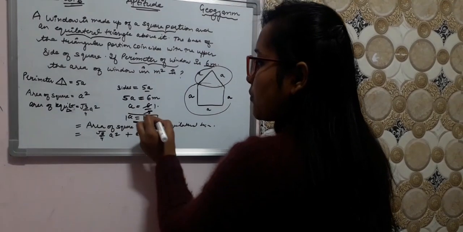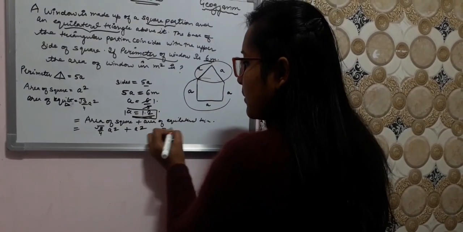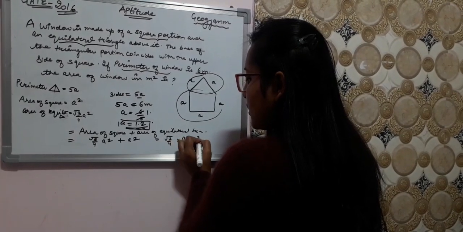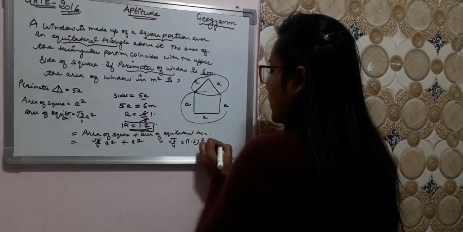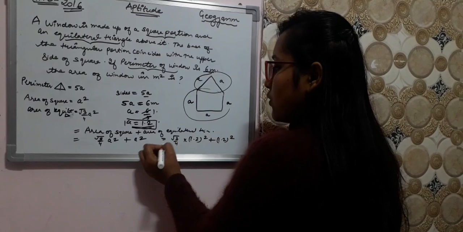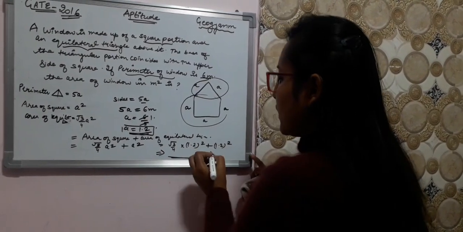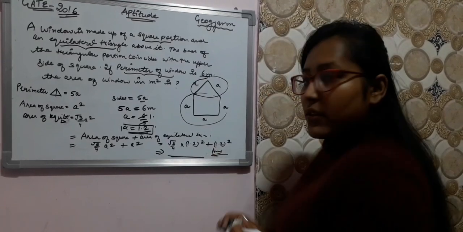Now we will put this value over here. It will be root 3 by 4 into 1.2 whole square plus 1.2 whole square. So we will solve this, and whatever the value, it will be our answer.